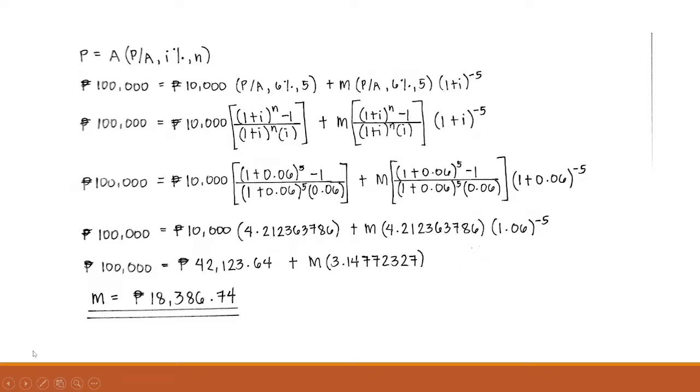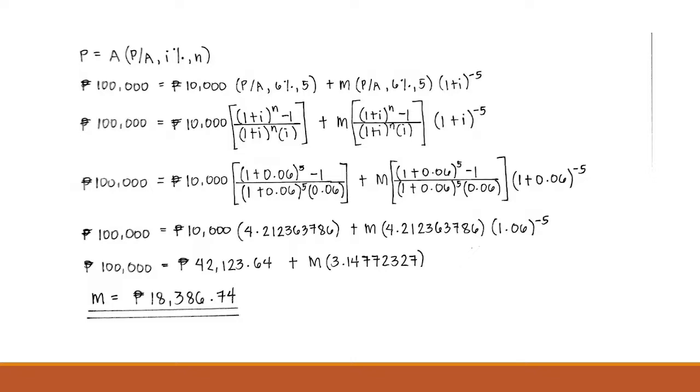times 4.212363786 plus M times 4.212363786 times 1.06 raised to the power of negative 5. So, ang makuha dire is 100,000 equals, kay ang 10,000 i-times man aning 4.212363786, mahimo siyang 42,123.64 plus M times 3.1477237.